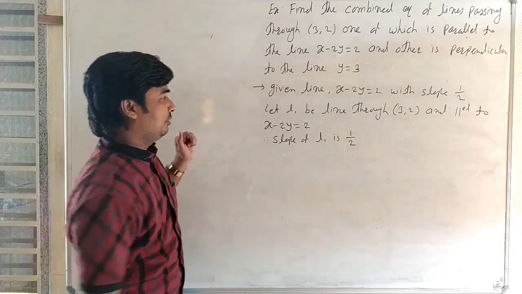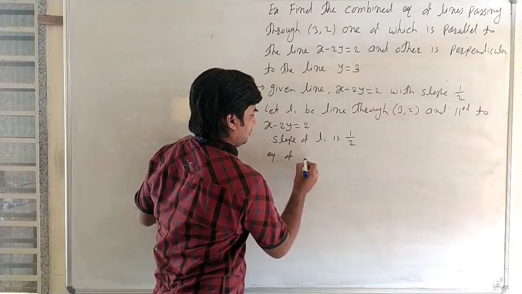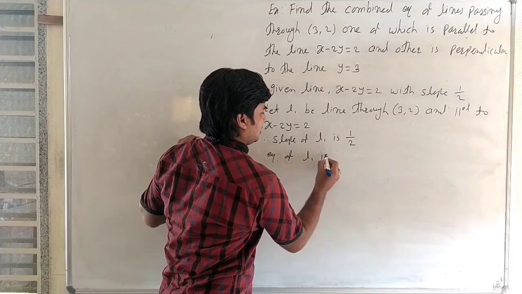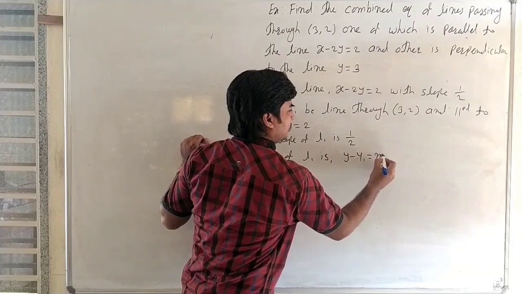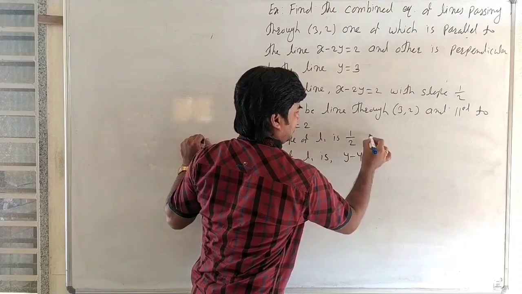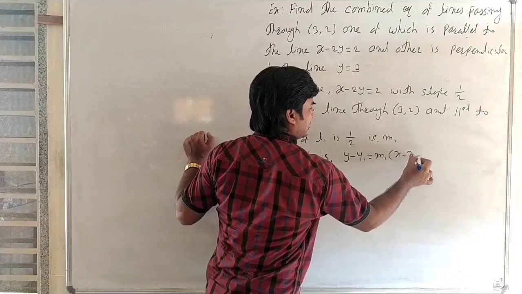Therefore, the equation of L1 is y - y1 = m1(x - x1).